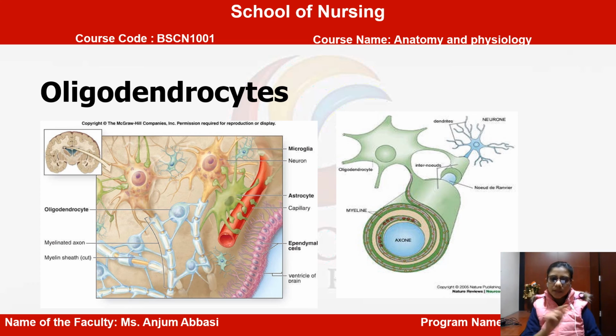In between, there is a circle, which is the axon, and it has a greenish covering. That covering or sheath is known as the myelin sheath. And just above that, you can see the oligodendrocyte. The oligodendrocyte is present at the covering of the myelin sheath. And here in the last, you can see the neuron, dendrites, and nodes of Ranvier. Nodes of Ranvier are the gaps between the myelin sheath, which is covering the axon.